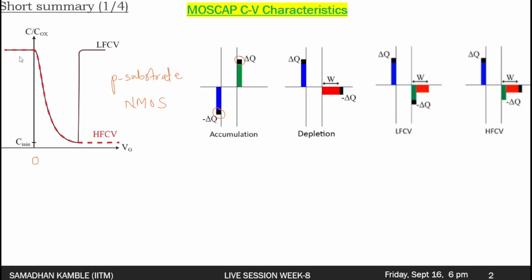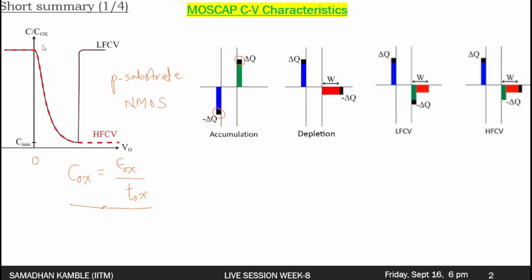So in this region, this is the accumulation region, and Cox is basically the epsilon of the oxide over the thickness of the oxide layer, and you can see that this is purely geometric. The oxide thickness is fixed in any MOS capacitor, so this is the fixed geometric capacitance.